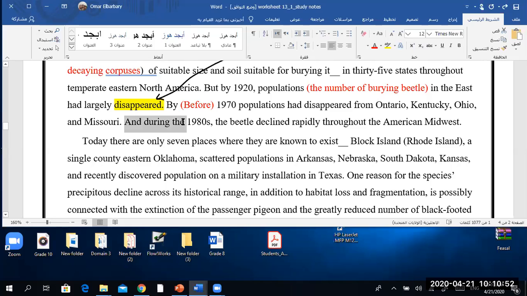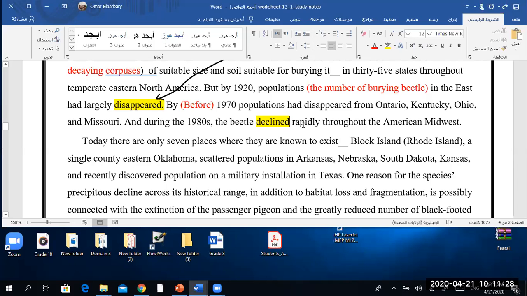And during the 1980s, the beetle declined rapidly throughout the American Midwest. Very good. About the word decline, we are speaking about the number or the population of the American burying beetles, and we said that this population disappeared from some places, and in other places during the 1980s, the beetles' number declined rapidly.